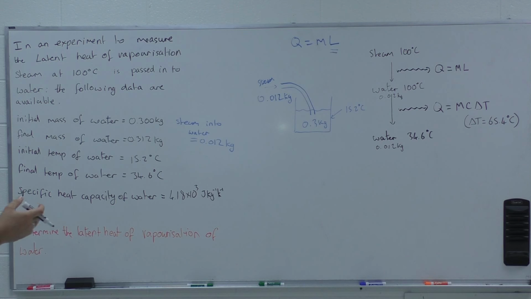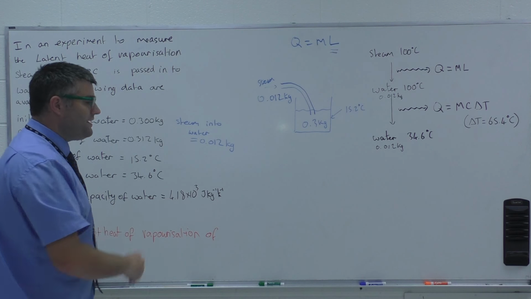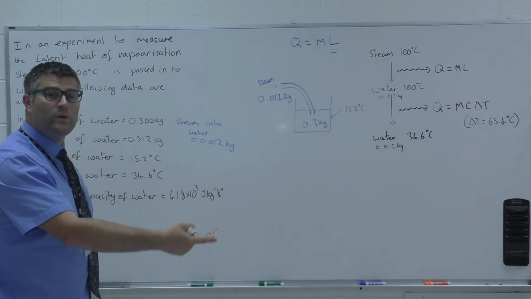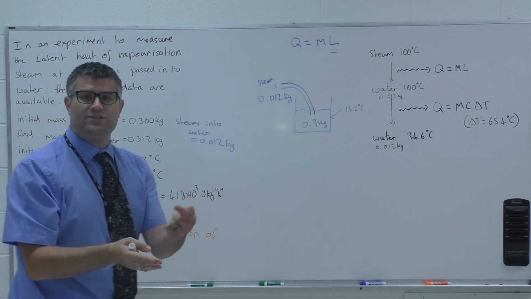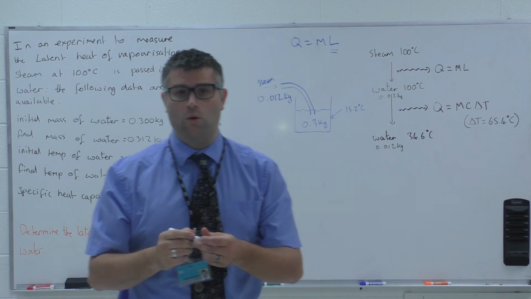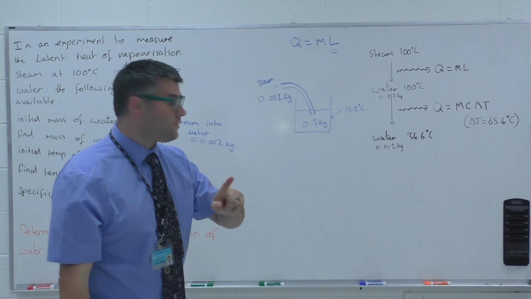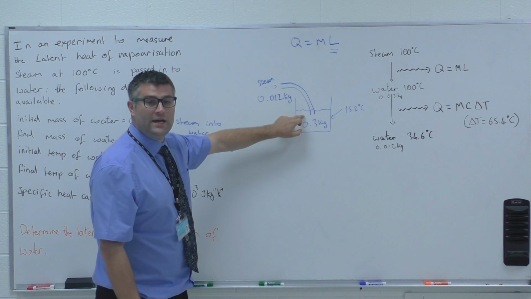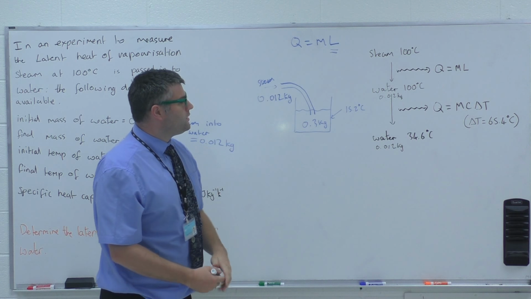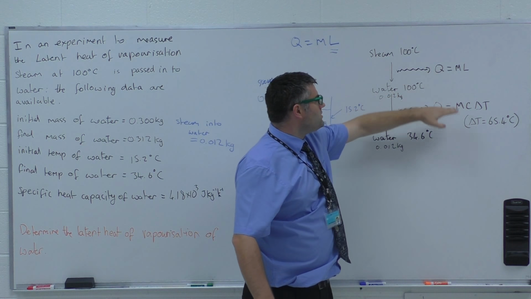So we've dealt with where the energy is coming from in this situation, but where's the energy going to? It's got to go somewhere. Well, it's going to go into this water here. So we've got our source of energy here.